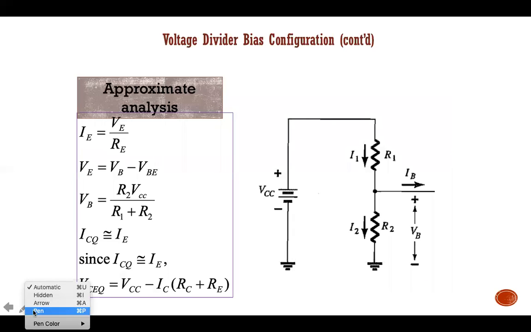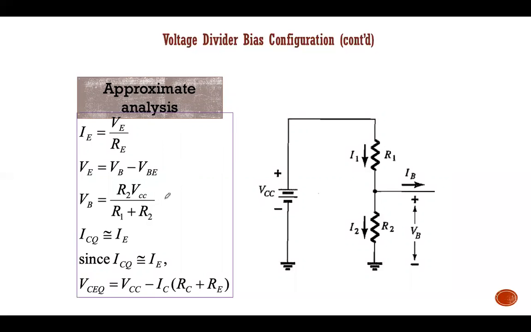The way to solve for this circuit is the same. When you draw the circuit, this is the first loop. We use approximate analysis. We approximate IE equals VE over RE, and you know that VE equals VB minus VBE.